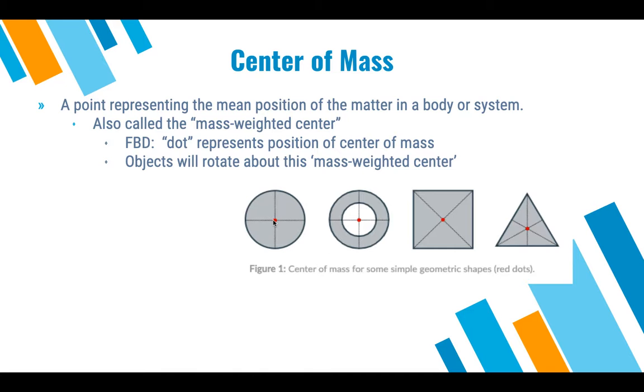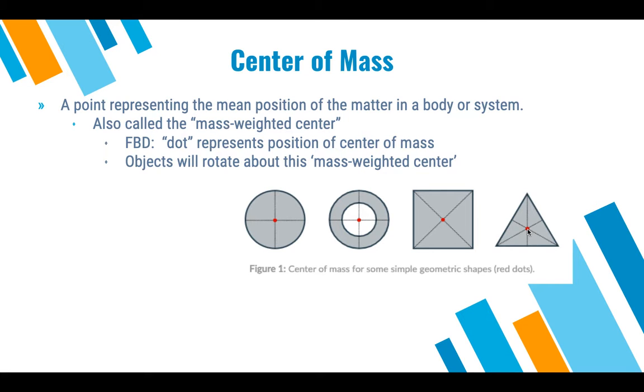For a circle or a wheel, it'd be right in the center. The object would rotate about that axis about the center of mass. For a triangle, it's a little bit more complicated to determine, but basically we would determine at what location the average matter would be located. And again, that dot is the same dot that we draw on our free body diagram.